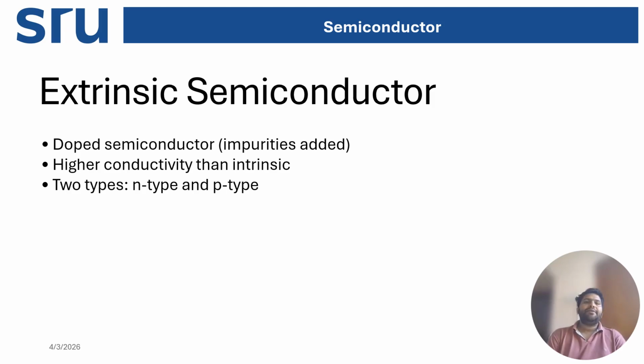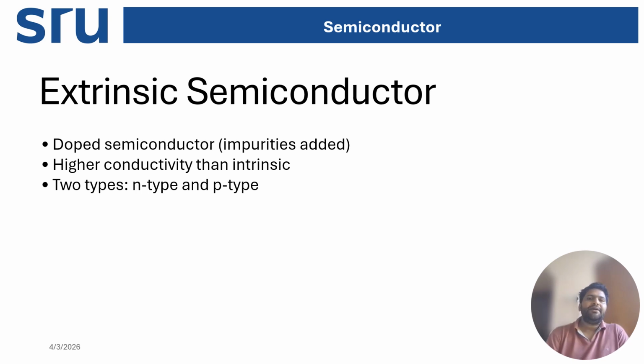In an N-type semiconductor, we add pentavalent impurities to the pure silicon or germanium. Pentavalent atoms have 5 valence electrons, so that atom donates 1 electron to neighbor atoms. Examples are phosphorus, arsenic, and antimony.